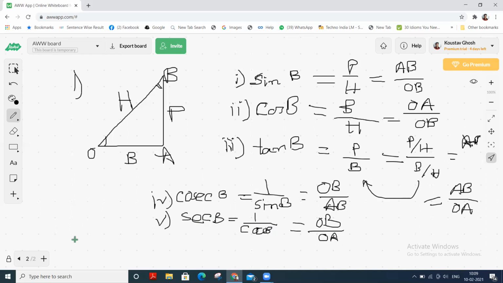And last, cot B. Cot B is 1 by tan B, the reciprocal of tan B. Tan B is AB by OA, so cot B is OA by AB. Clear?